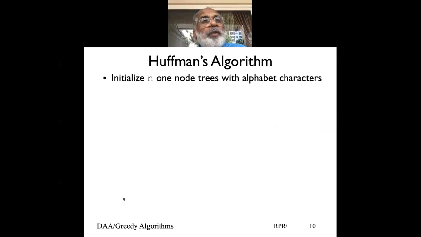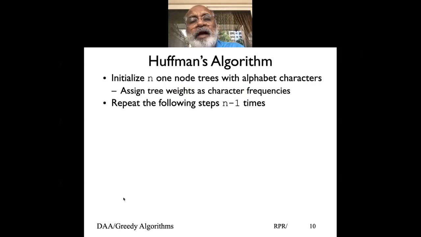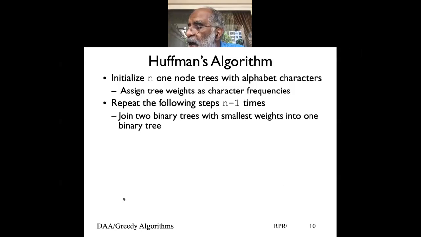Essentially the way it works is, if there are, let's say, n symbols, you initialize all n symbols to be trees by themselves. So each alphabet becomes a tree, and the tree weights are their frequencies of occurrence. Lower the frequency, lower the probability, they have lower weights. Higher the frequency, higher the weights. And repeat the process as follows.